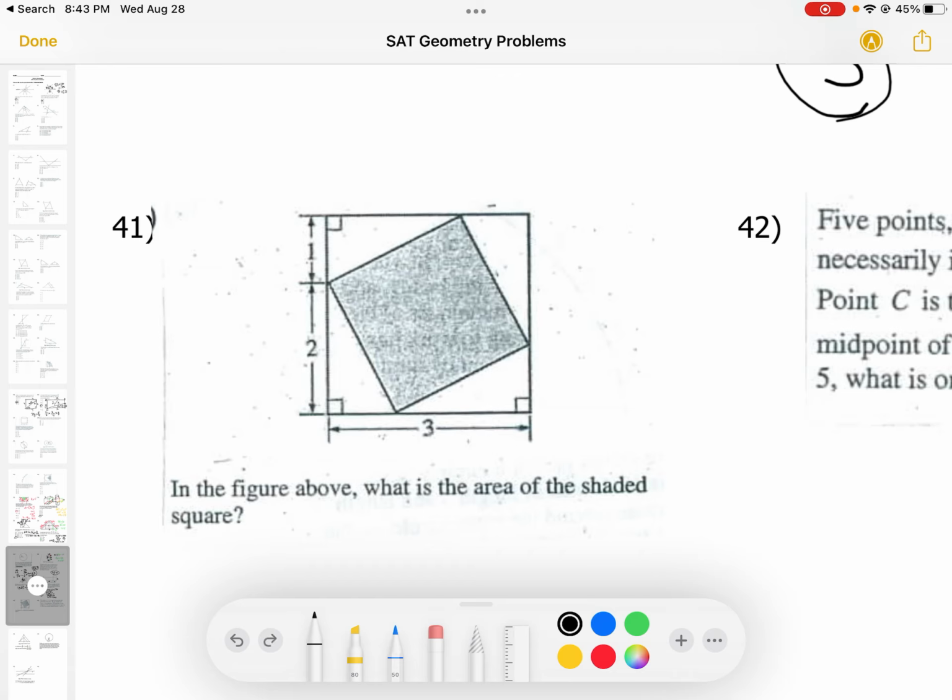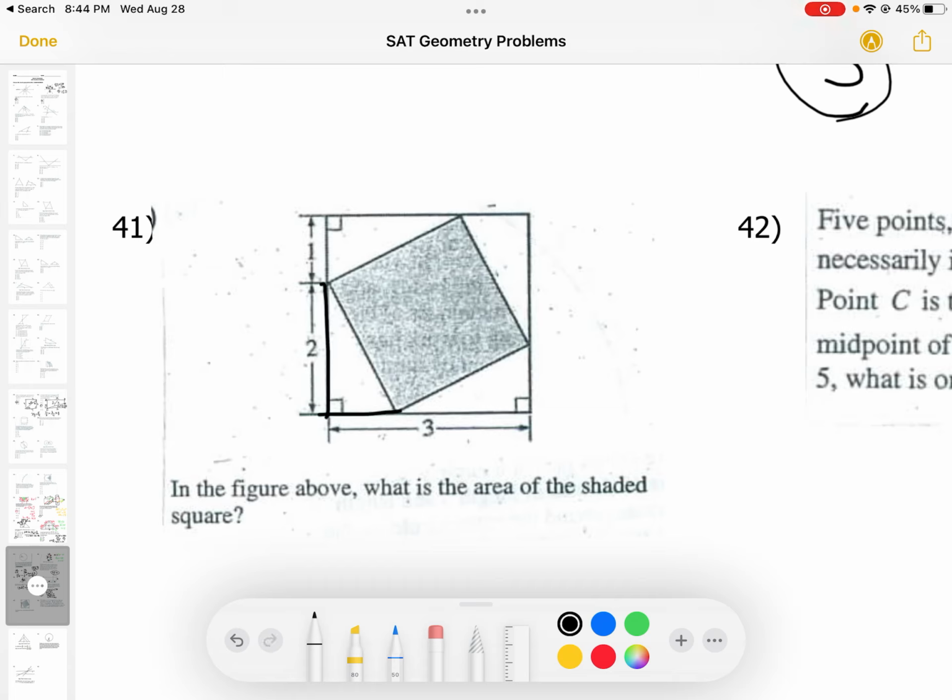And what it looks like is we have these rectangles, right? We have this triangle here, and it looks like we're just rotating it over and over again, right?